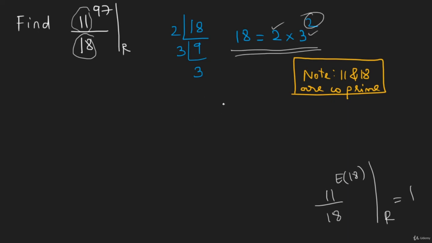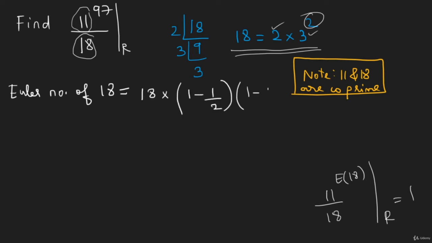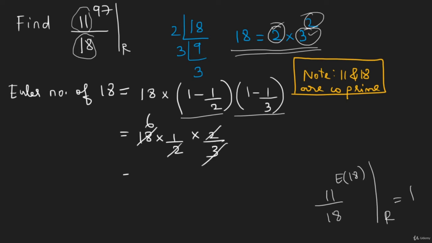Therefore the Euler number of 18 is equal to 18 into 1 minus 1 by 2 into 1 minus 1 by 3. That's 2 over here, that's 3 over here. These are the two prime factors of 18. So 18 into 1 minus 1 by 2 into 1 minus 1 by 3. That gives me 18 into 1 by 2 into 2 by 3, and that simplifies to 6. So the Euler number of 18 is equal to 6.